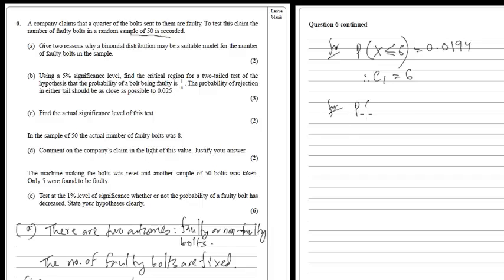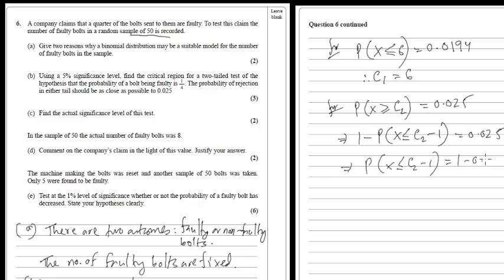So we can write the probability of X greater than or equal to C2 equals 0.025. Since this is discrete, it would be 1 minus the probability of X less than or equal to C2 minus 1. Remember, in discrete, always 1 becomes less. So 0.025, if we just shift the side, it would be X less than or equal to C2 minus 1 equals 1 minus 0.025, which means 0.975.